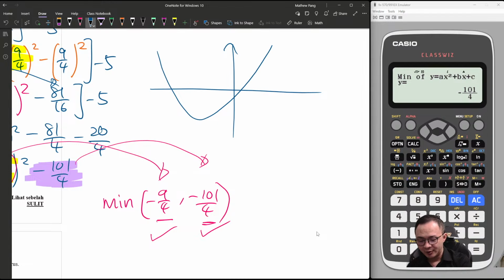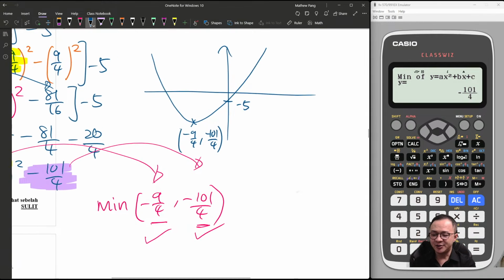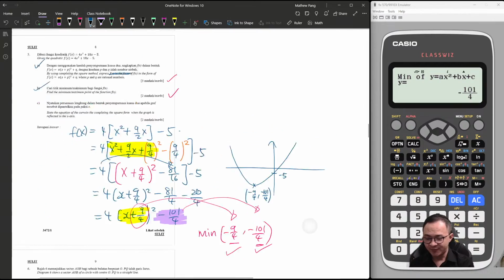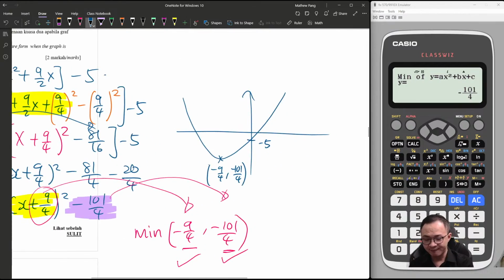Because this one is -9/4 and -101/4, and then passing through -5. Okay, this is my graph, the original graph. They call it f(x), right? This is f(x).